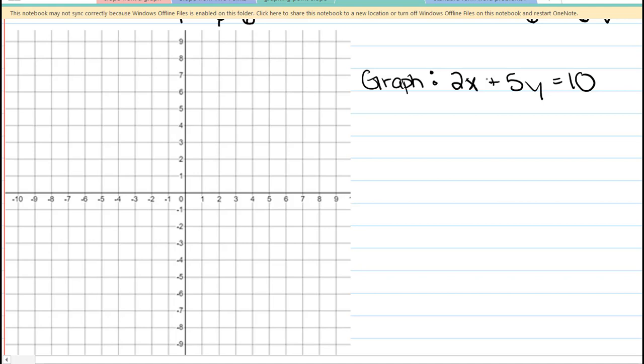The strategy here is to just find 2 points and connect them. However, we want to pick those points in a smart way, things that are going to be the easiest to solve. And I don't know anything easier than multiplying by 0. So what we're going to do is find the x-intercept and y-intercept.